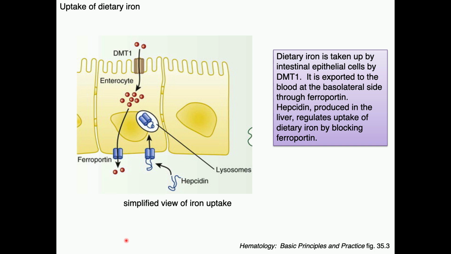So the iron uptake is primarily in the duodenum. So this DMT1 takes iron on the epithelial side from dietary iron.